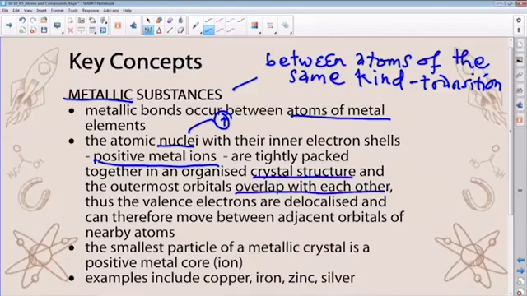The overlapping is what brings about the bonding aspect as far as metallic bonding is concerned. That's the valence, which refers to electrons at the highest energy level, or high energy electrons. So valency electrons are those high energy electrons in terms of the orbitals.